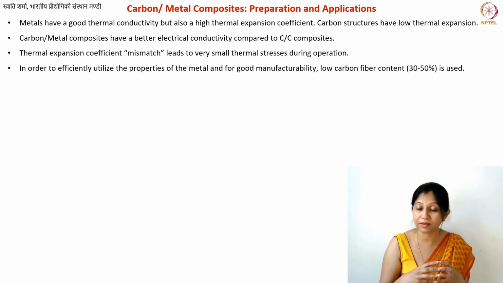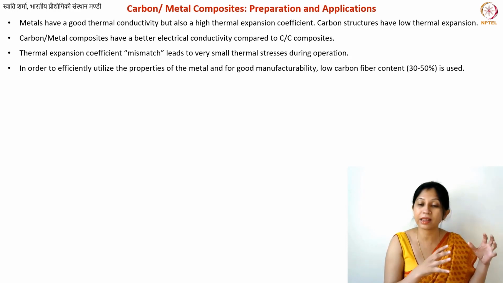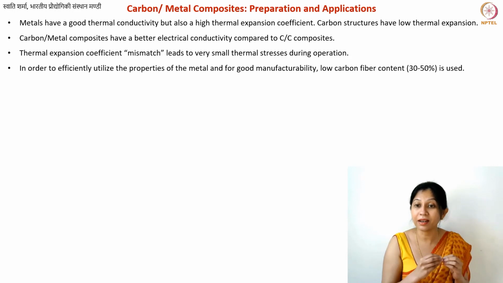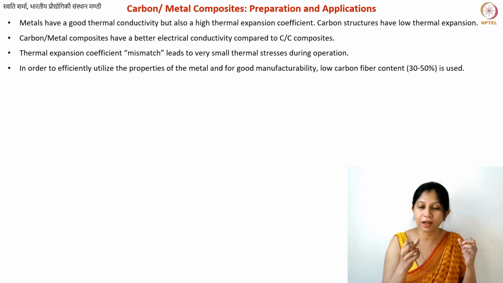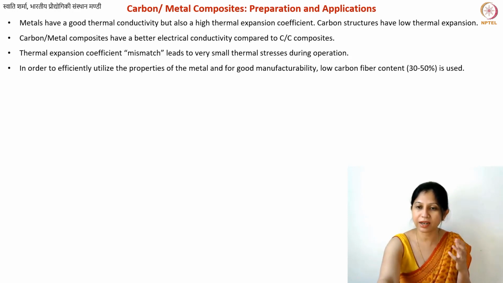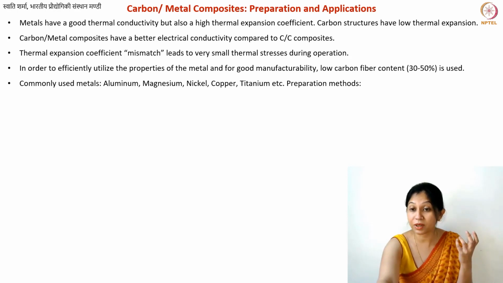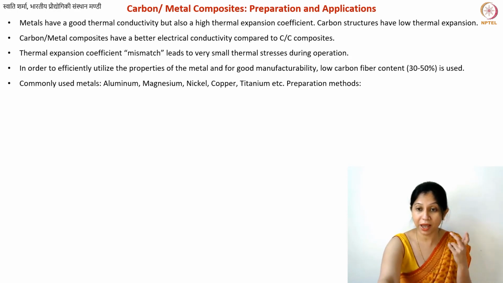So the goal here is to strengthen the metal, utilize the properties of the metal rather than that of the carbon fiber. Carbon fiber here would typically provide a low thermal expansion and also mechanical strength to the structure at higher temperatures. Okay, so that is why you'll use something like 30 to 50% carbon fiber.